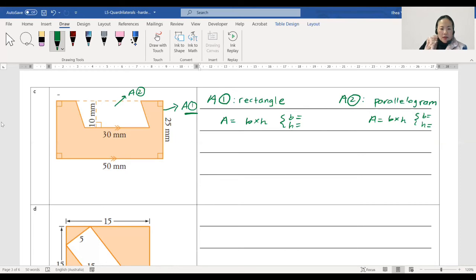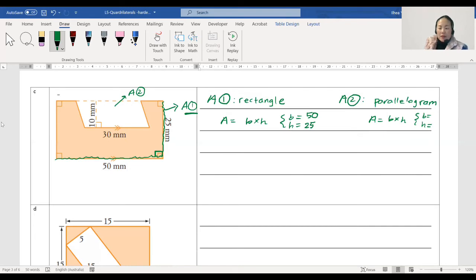The base is the one outside on the bottom, simply 50. And my height is the one that is perpendicular to my base, which is 25. It doesn't really matter which one is your base, because 25 can be your base since 50 is perpendicular to 25.